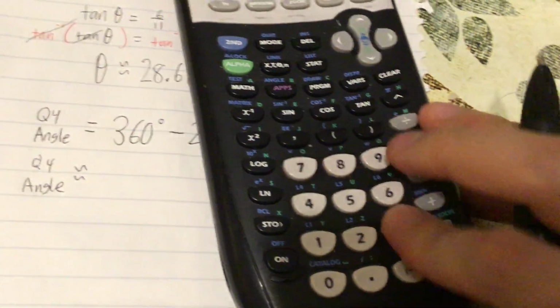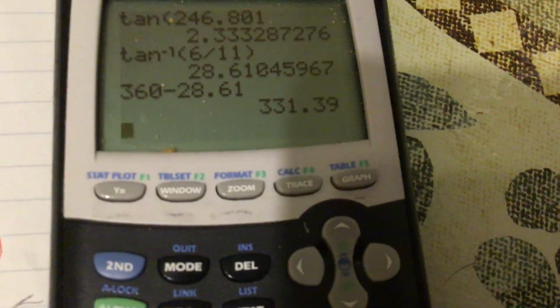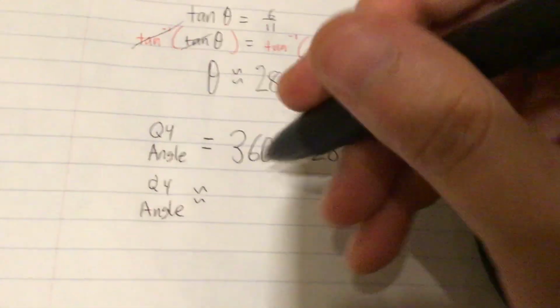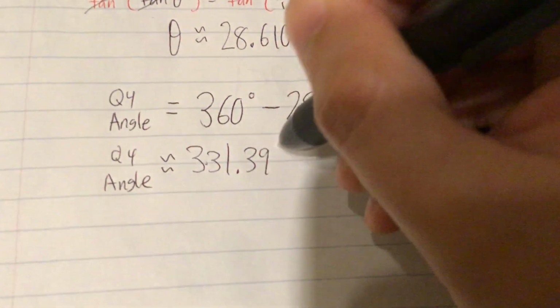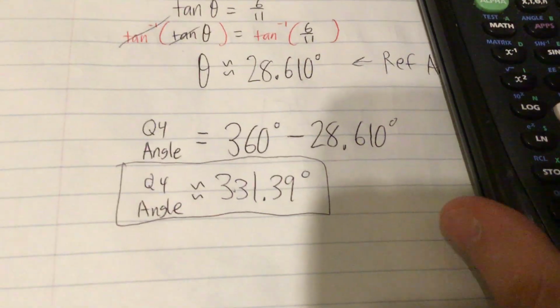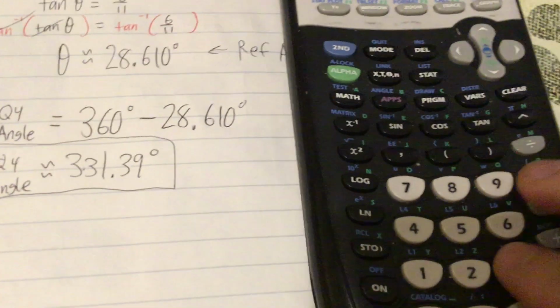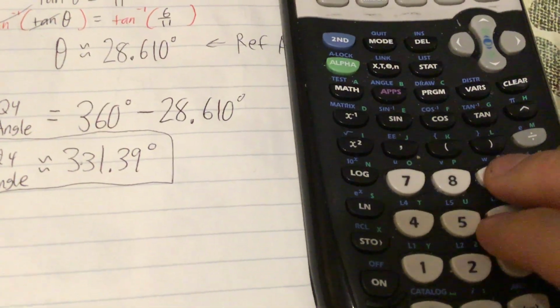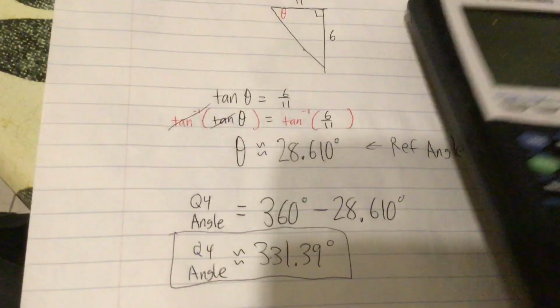So let's do that. 360 minus 28.610. So that would be 331.39 degrees, approximately. So therefore, I can check my work by comparing 6/11 with the tangent of 331.39. Yeah, pretty identical.